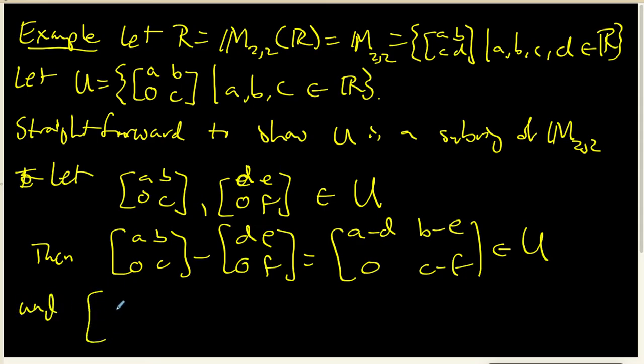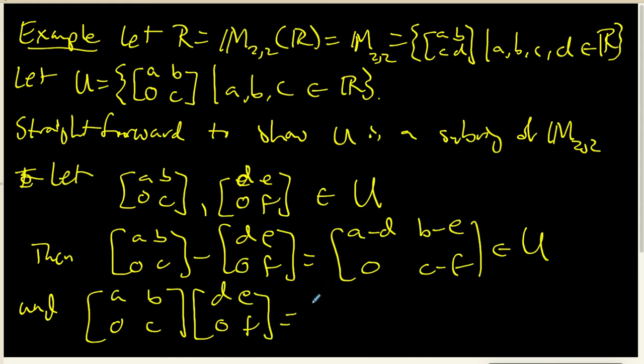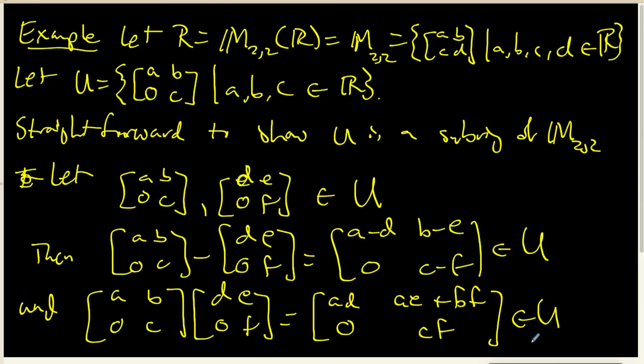And if I look at the product, A, B, 0, C times D, E, 0, F, the product of those two matrices turns out to be AD, and then we're going to have AE plus BF, and we're going to have a 0, and we're going to have CF, and that is clearly also an upper triangular matrix.